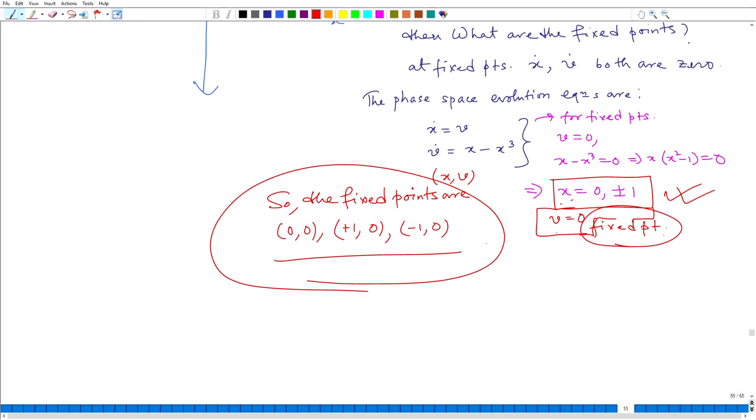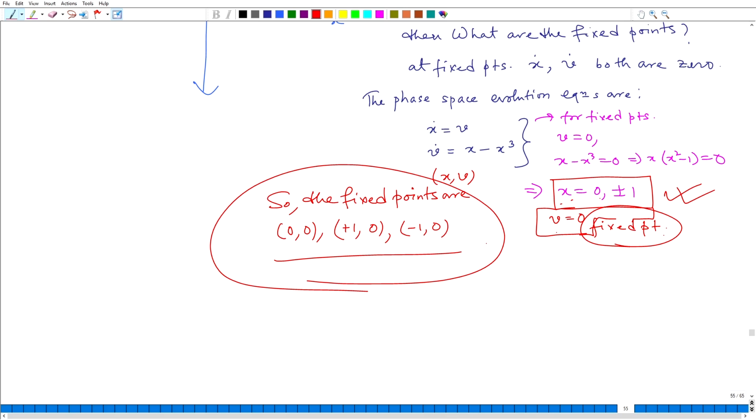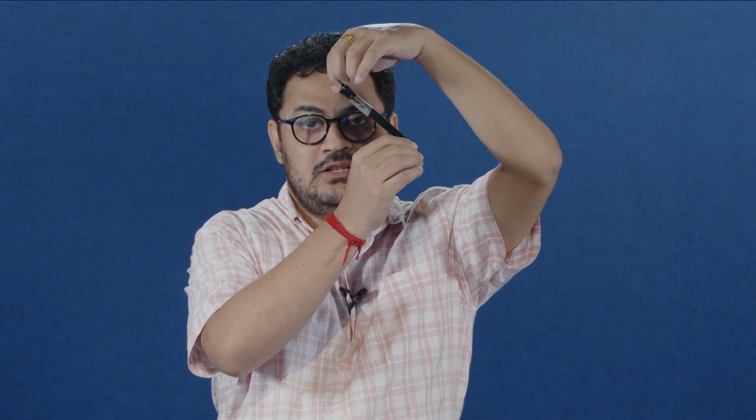So, if you prepare the system at the very beginning at a fixed point, the system will not evolve any longer.